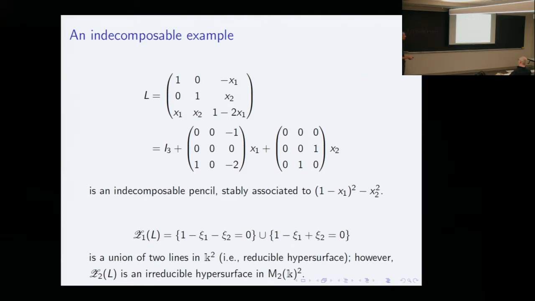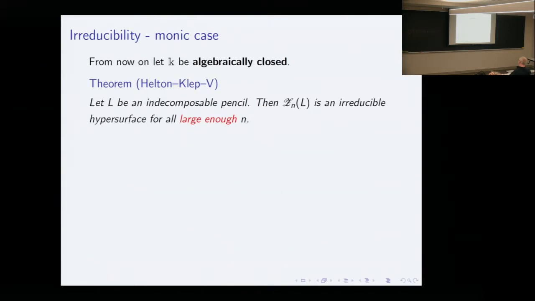So even though this was an indecomposable, irreducible pencil, at the first level it factors, right? I have 2 components. However, you can check that when I plug in 2 times 2 matrices, then you get an irreducible hypersurface in pairs of 2 times 2 matrices. And that's actually something that happens in general. So from now on, let K be an algebraically closed field. What happens is the following.